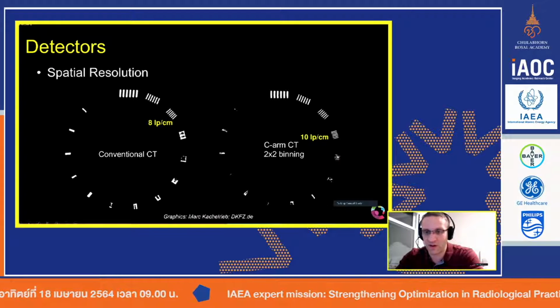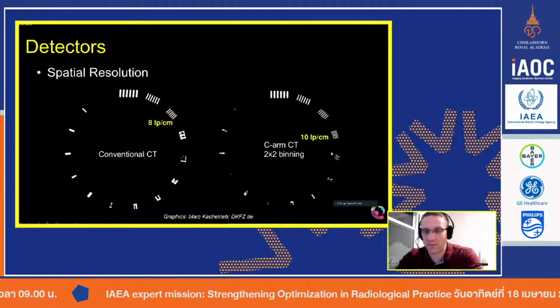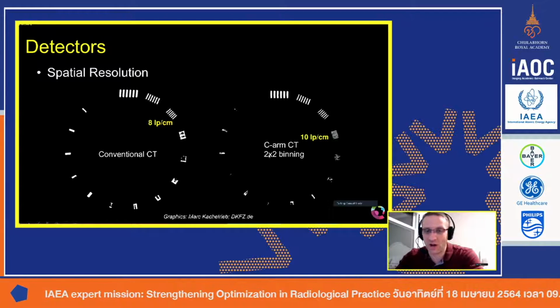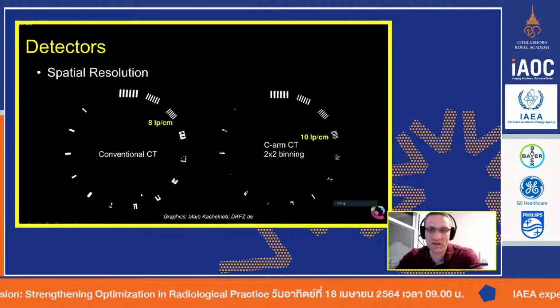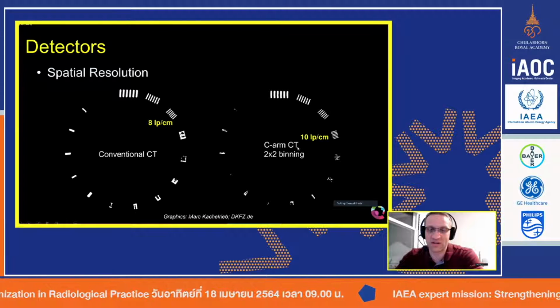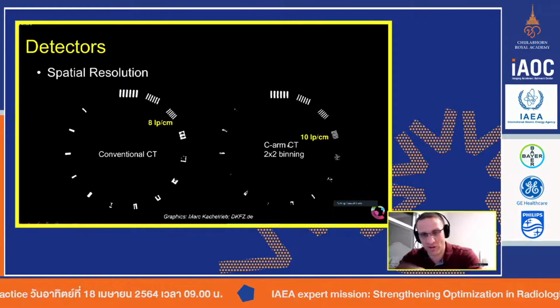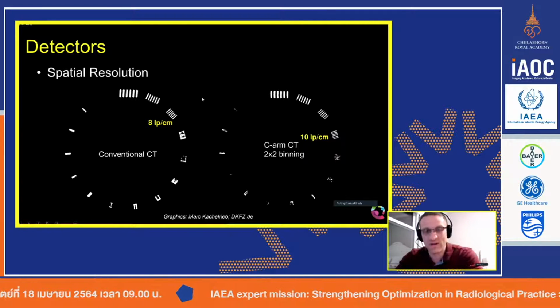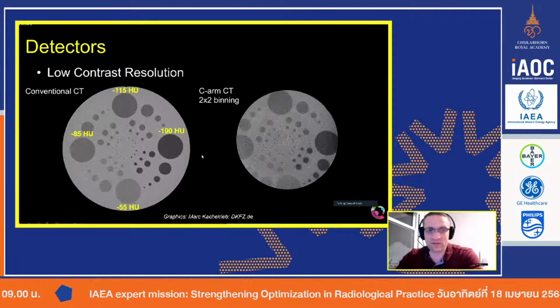You might even argue you could see the 12, but that might be a little bit of aliasing. If you unbin it, you could definitely see this one, maybe even the next one. So even in its worst showing, these C-arm CT scanners, the fluoroscopic systems that acquire a tomographic or CT image, have nice spatial resolution.